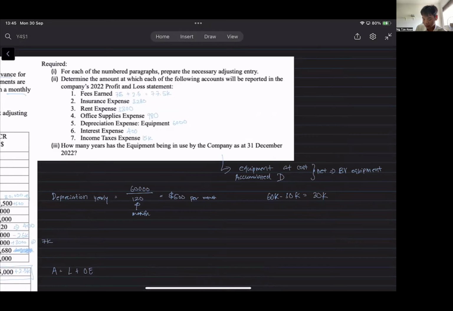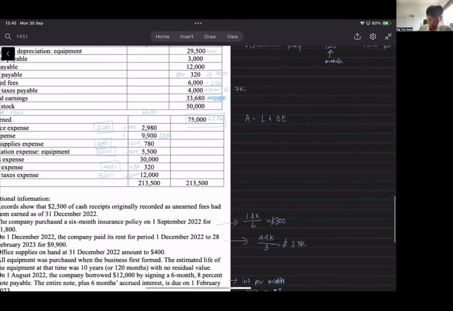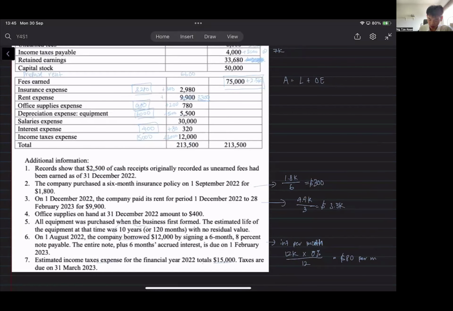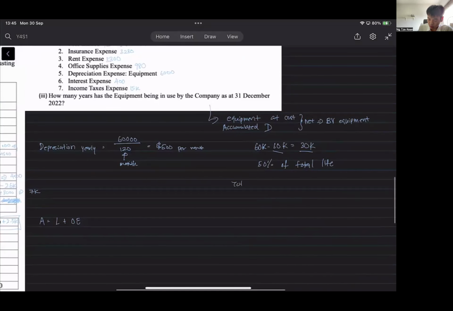And it's very easy to see that your accumulated depreciation is equal to your book value of the equipment, meaning you have already used up 50% of the total life. Okay. And if the equipment has 10 years, which was stated here, so the total life is 10 years. And if you use up 50% of your total life, it means you have used 5 years.